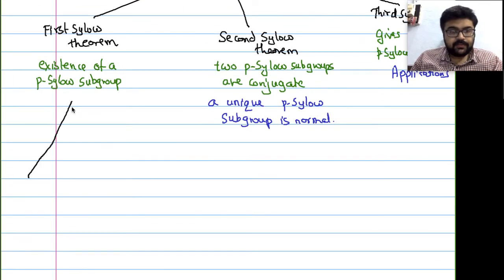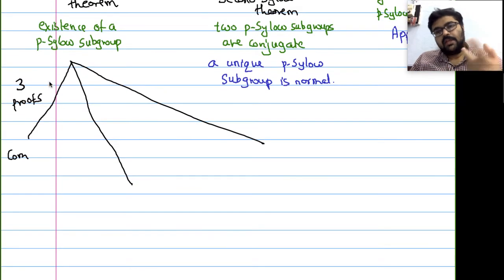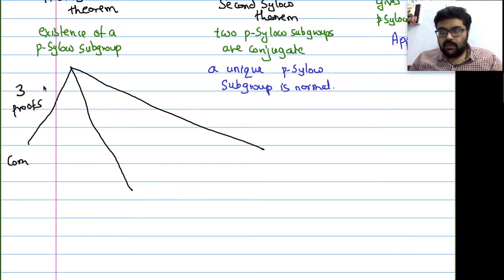The first proof is a combinatorial proof. So there are three proofs of the first part only. The second part and third part only have one proof each.